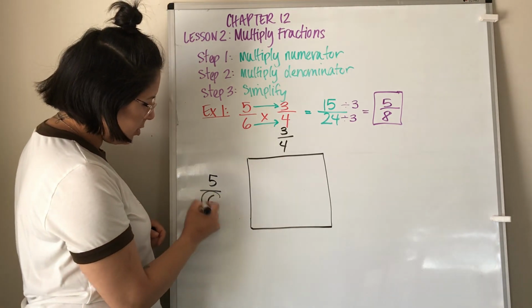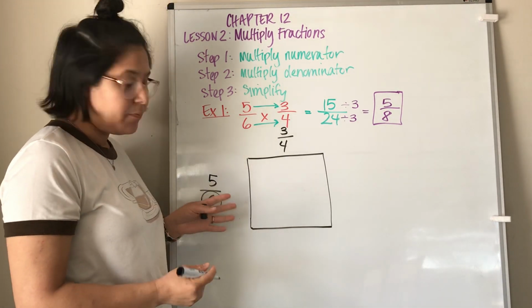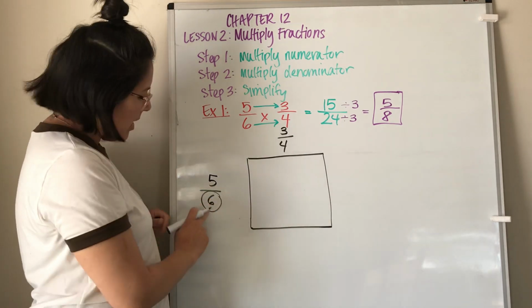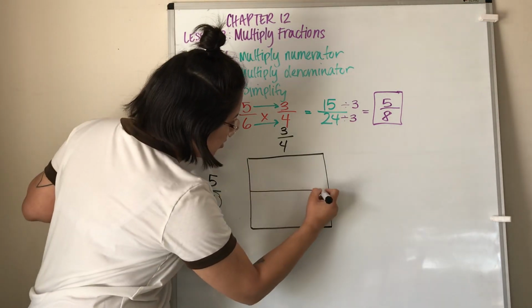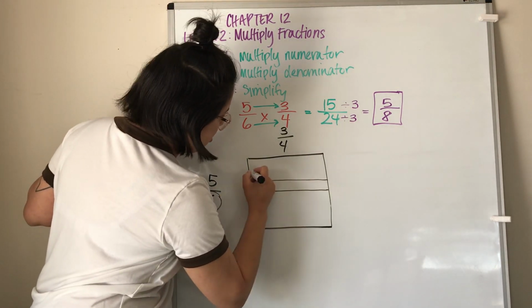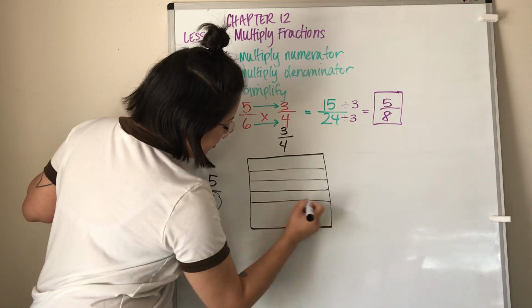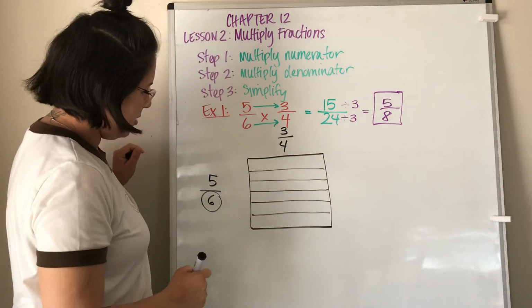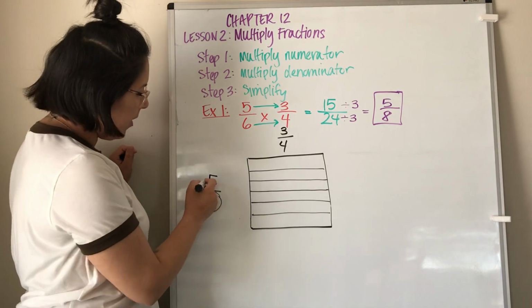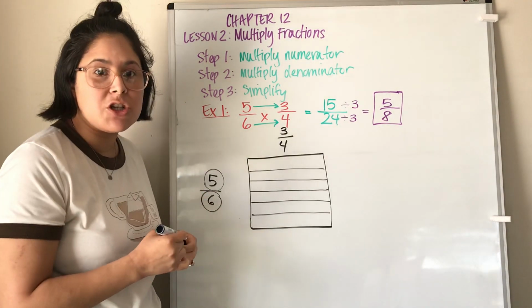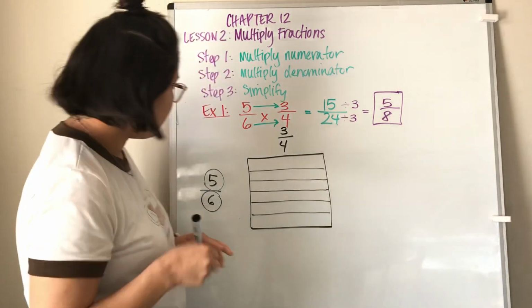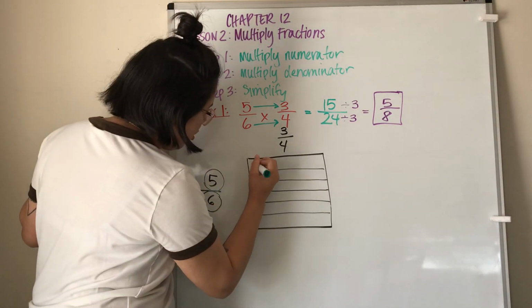It's telling me to cut my square, cut my pizza, into 6 parts. Okay, this tells me the total, and the 5 tells me how many I want to shade. Okay, so I'm only going to shade in 5.